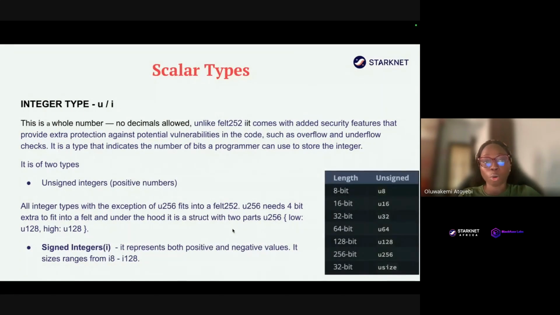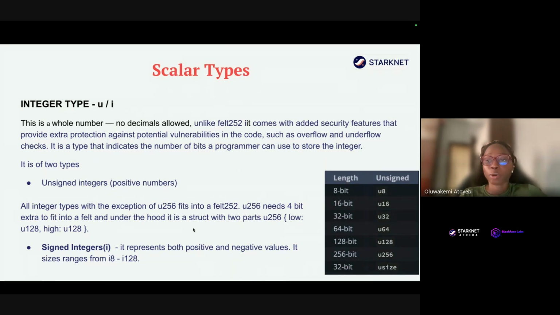So for unsigned integers, which are usually positive numbers, they don't take negative numbers, you can have u8, which takes 8 bits. You can have u16, which takes 16 bits, u32, u64, u128, u256, and then usize. The usize is just the u32.